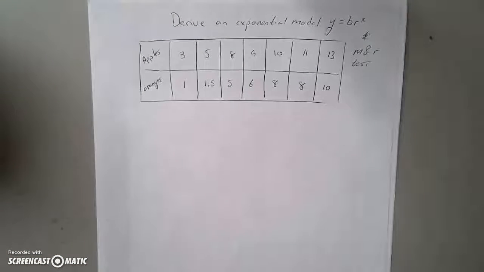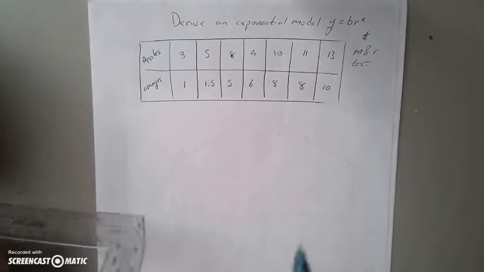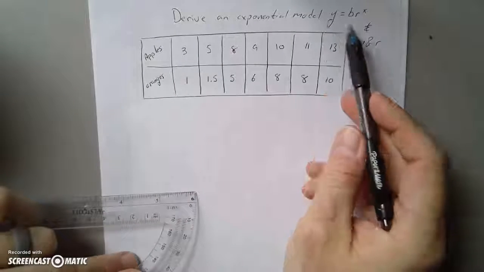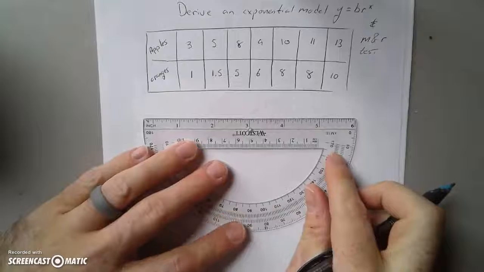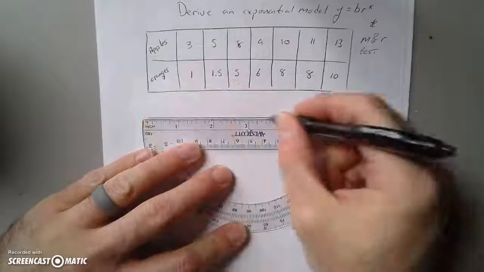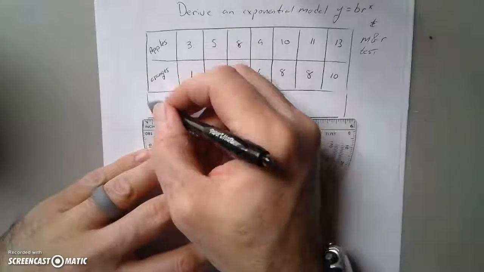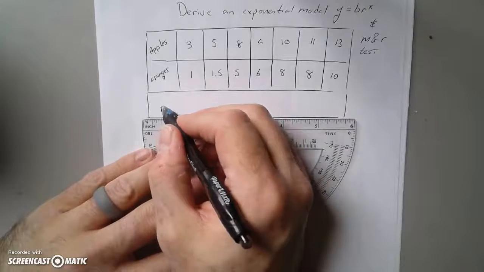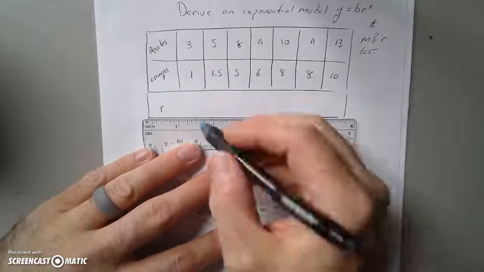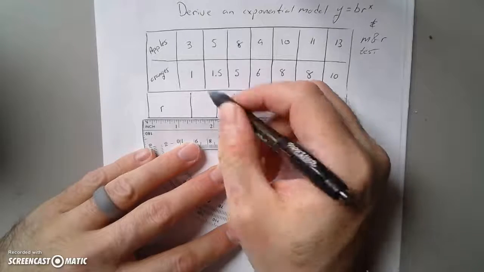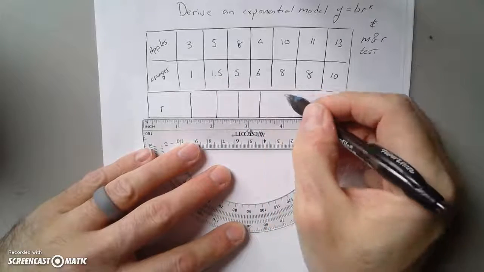So you have some data, and we're going to try to find an exponential equation that describes it. The idea is we're going to find a bunch of R values, one for each pair of points.